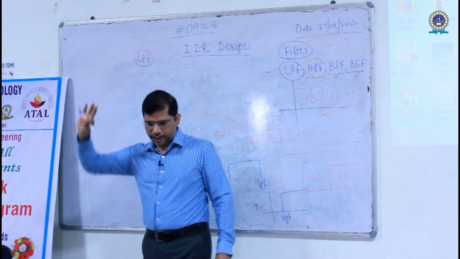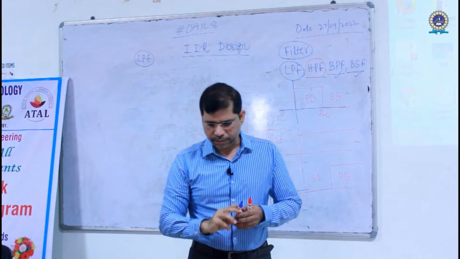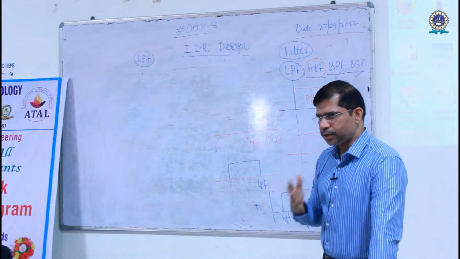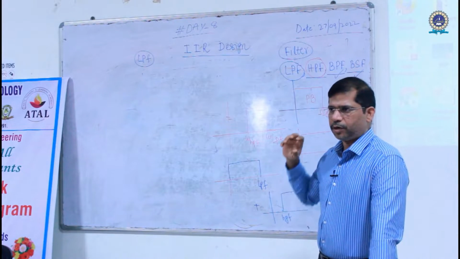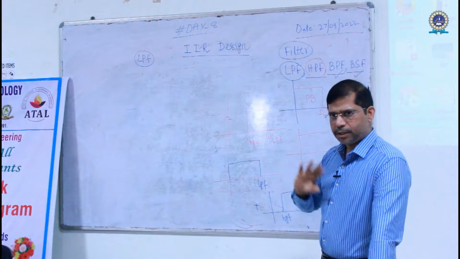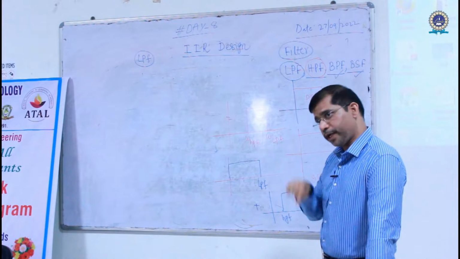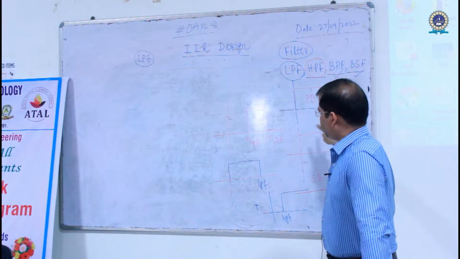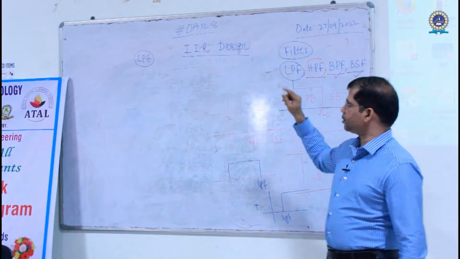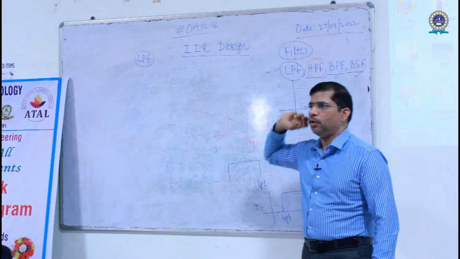Before I go ahead, I'm just giving the fundamentals. The first one we discussed is stability, so we are going to talk only about stable systems. Unstable systems are not our interest, though we can do it. The second point is the concept of the design. The third point is why we have chosen the low pass filter.